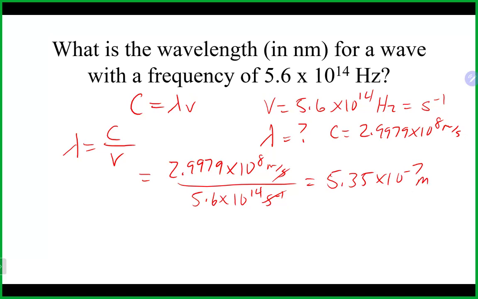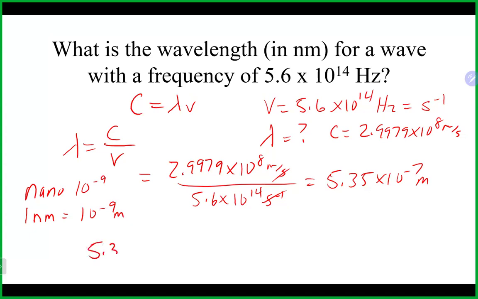This is in meters, so in this case we do want nanometers. Nano is 10 to the minus 9, which means 1 nanometer is 10 to the minus 9 meters.